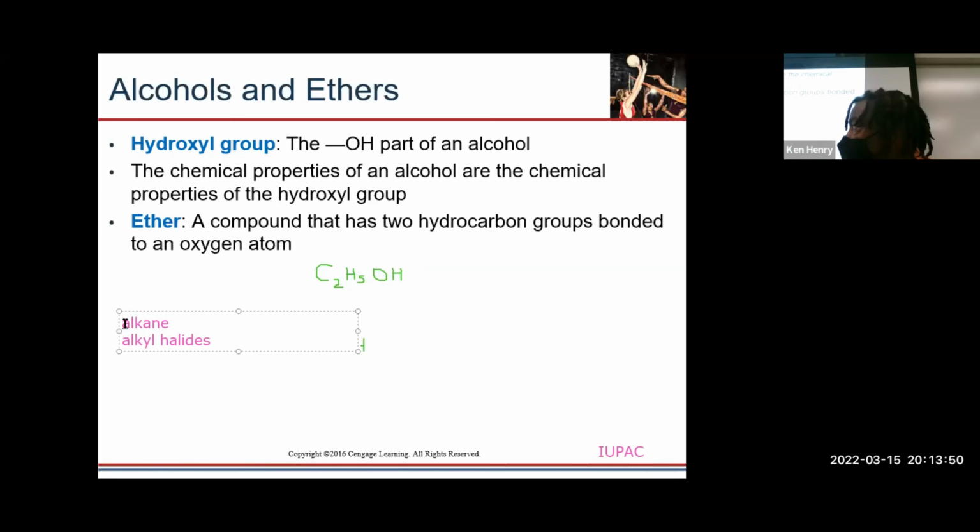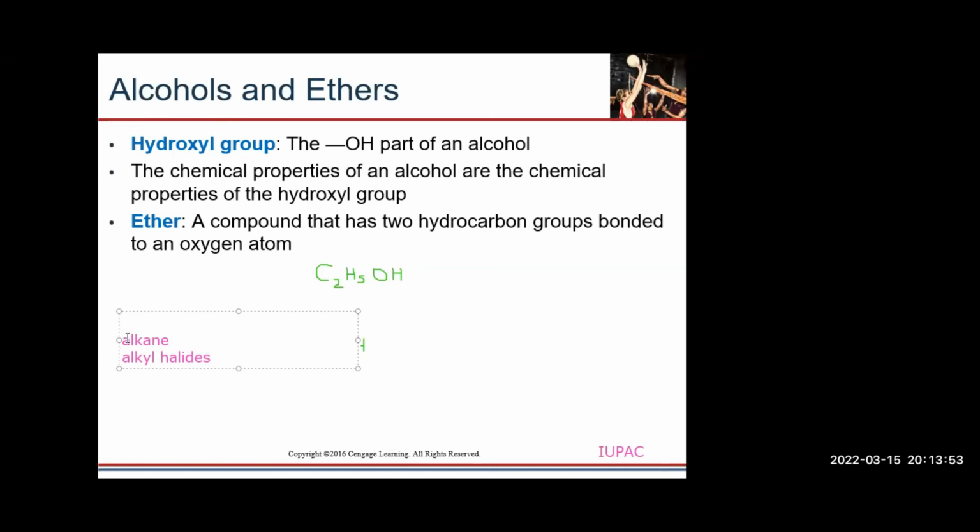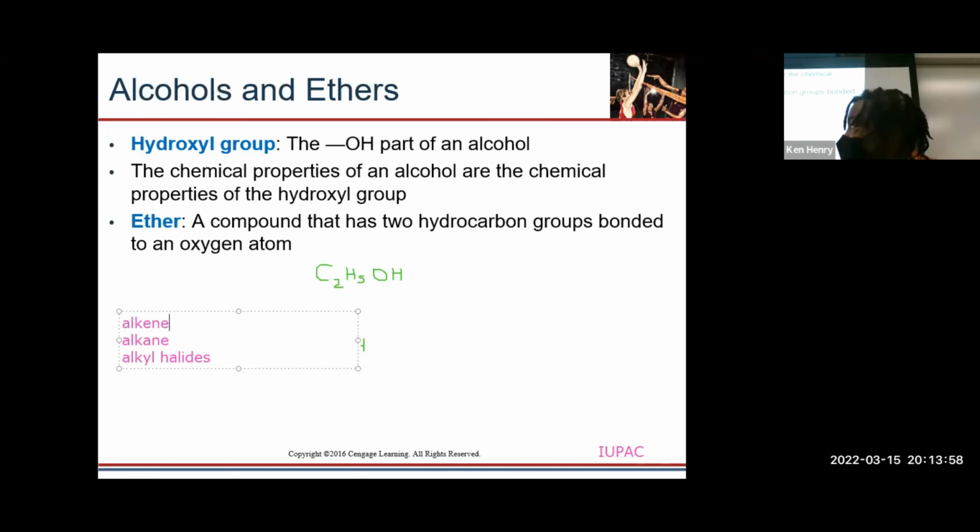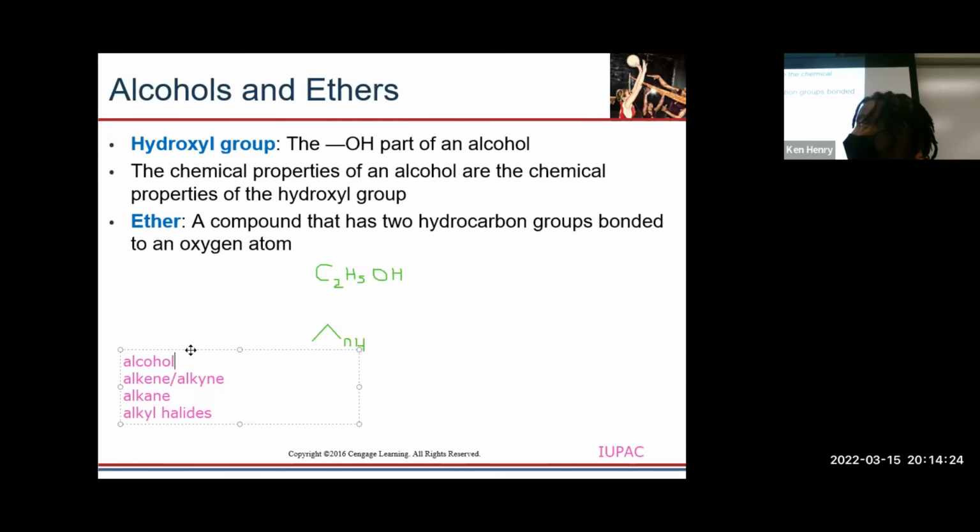And then above that, alkene/alkyne. In terms of priority, the ones on top have higher priority than the ones on the bottom. And then above those are alcohols. So alcohol has higher priority than the double and the triple bond.